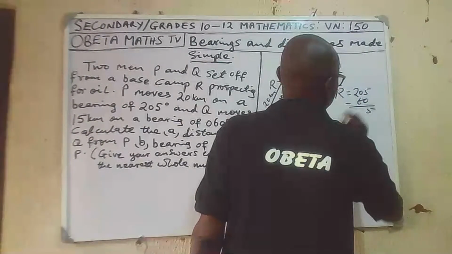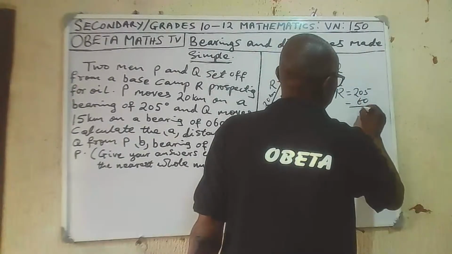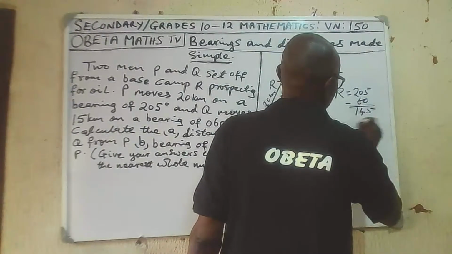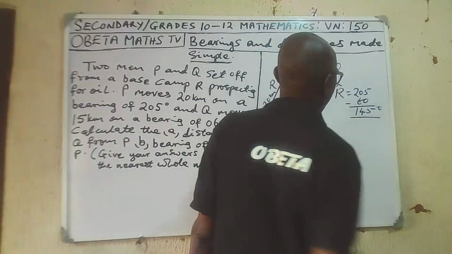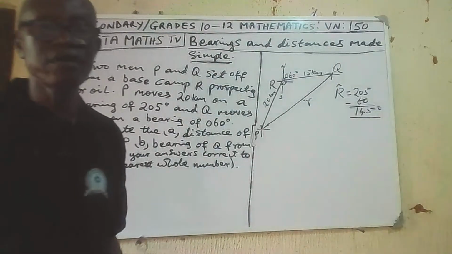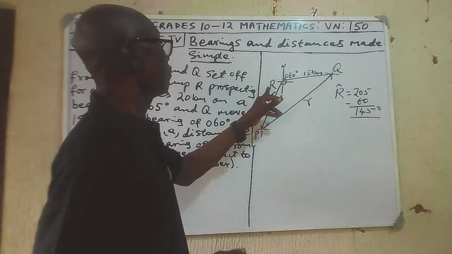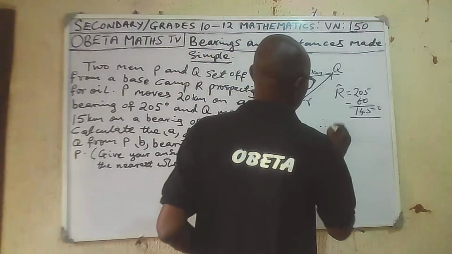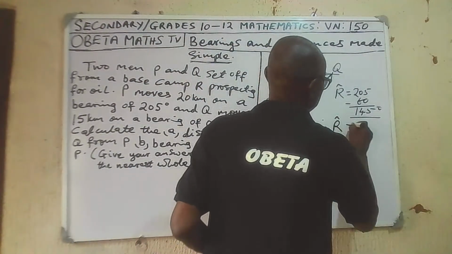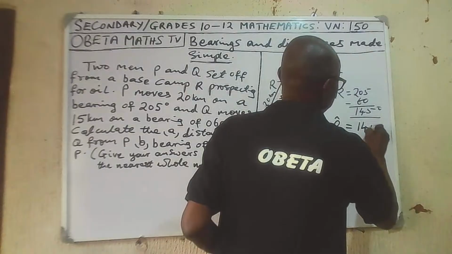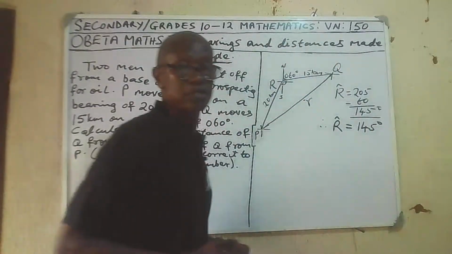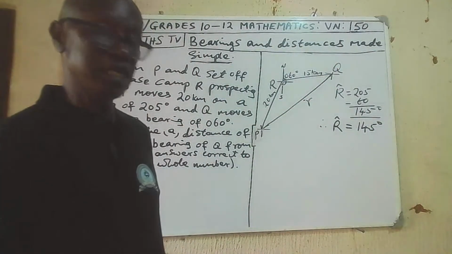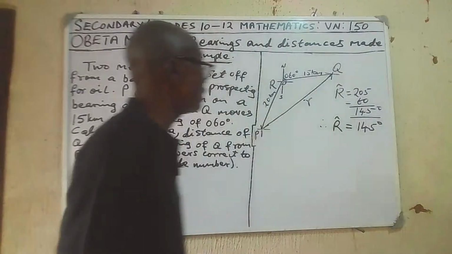That will give us 145 degrees as the value of our angle R. Therefore, R, the angle, is 145 degrees. As we have seen, I have calculated it, so we are going to be using it to calculate.